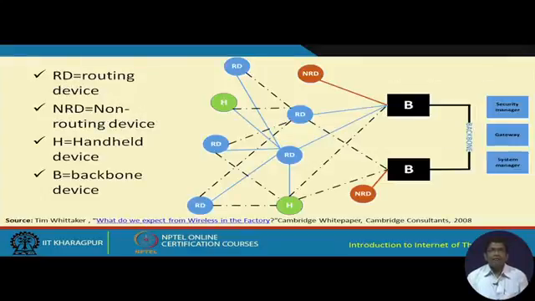So, what we have is a scenario like this. We have these backbone devices, the black colored rectangles here. We have these non-routing devices, the red colored ones. The blue colored ones are the routing devices, and these green colored ones are the handheld devices.